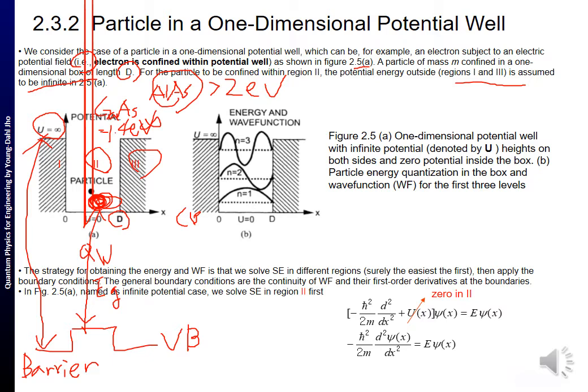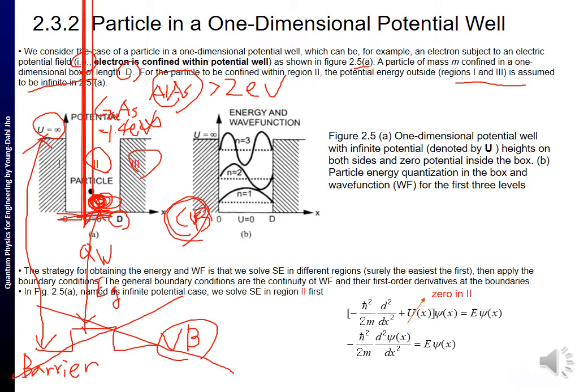So in the structure we have conduction band and valence band, but for simplicity, let's ignore this part for now. We only consider conduction band for now, and let's set the minimum energy of the electron to be 0.